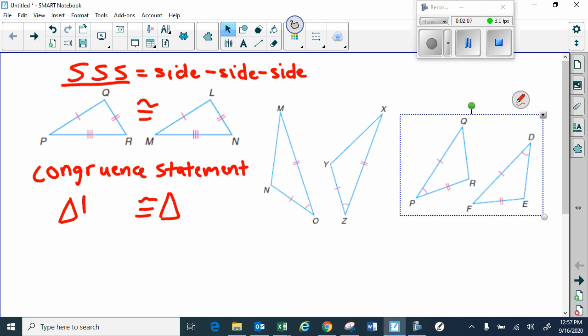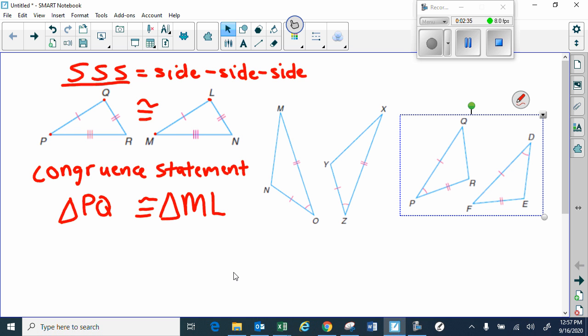So if we start with angle P over here, okay, notice angle P is between the segments that have a 1 and the 3. 1 hash mark and 3 hash marks. So that one between 1 hash mark and 3 hash marks is angle M on this triangle. And then say I go Q over here. Notice Q is between 1 and 2, and L is between 1 and 2 over here.